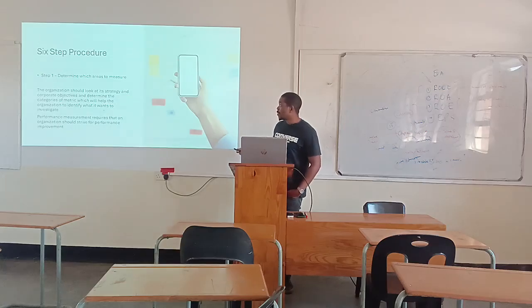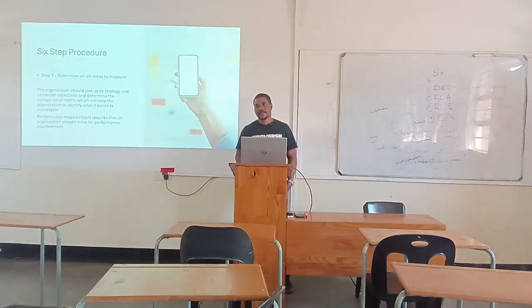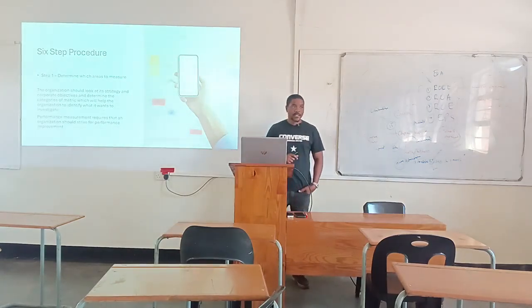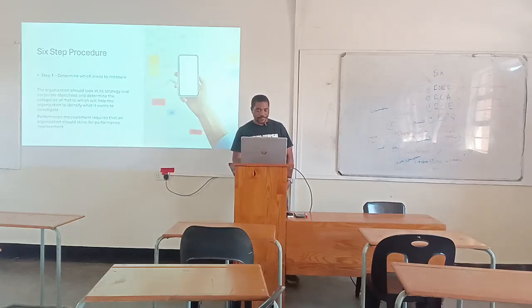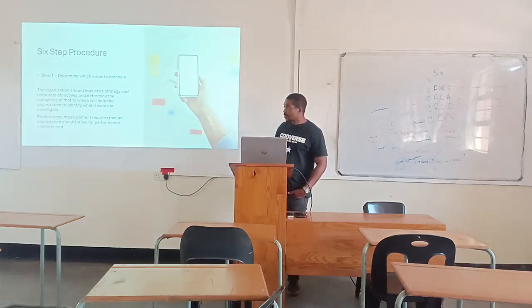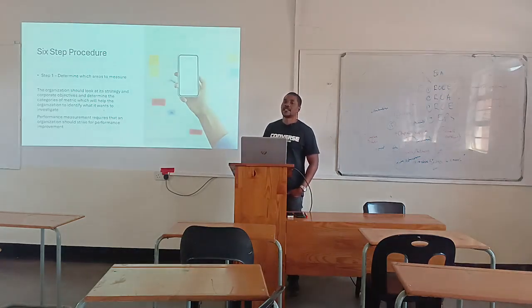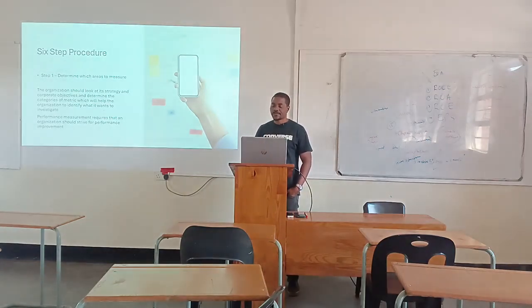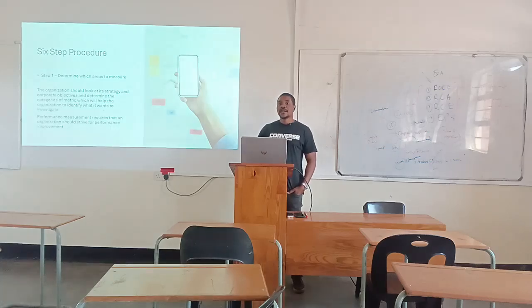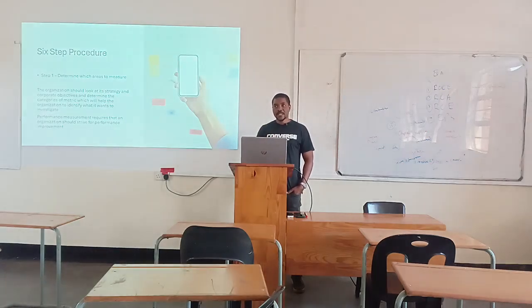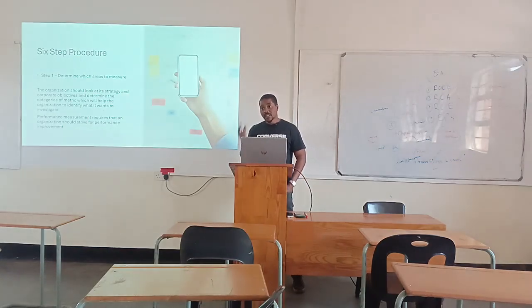So here, we have to identify that area, and then we start to investigate. When we start to investigate, it will give us a lot of information. And that information is what we use to either enhance performance, maintain performance, or pull up our socks so that we should catch up.